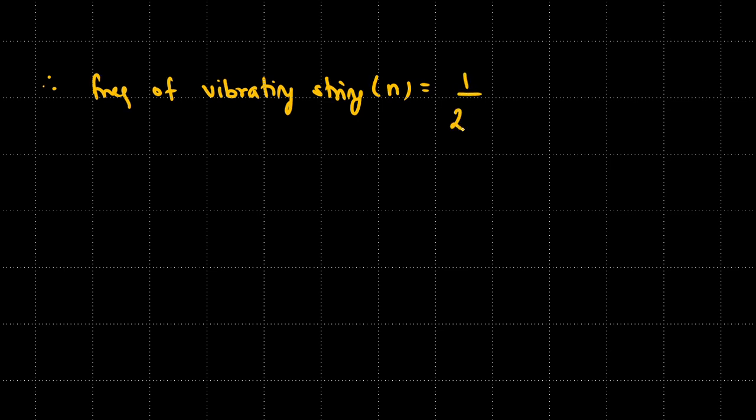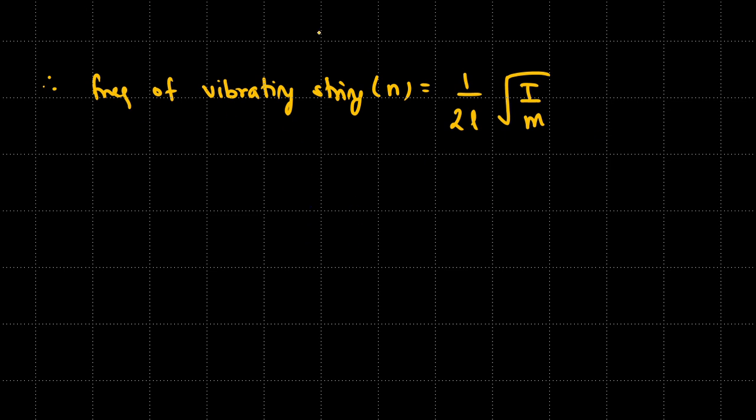So, therefore, the frequency of the vibrating string, n, will be 1 by 2L square root T by m. Even though these are not the usual symbols, we must use the symbols that the question says to use in order to have consistency.